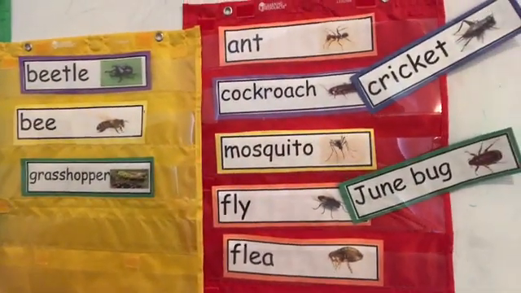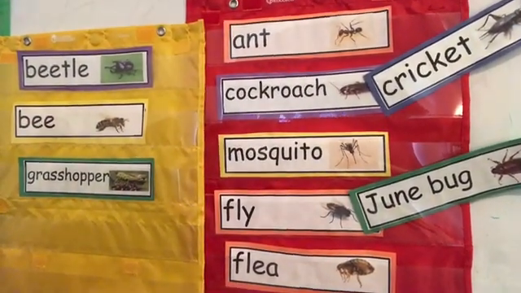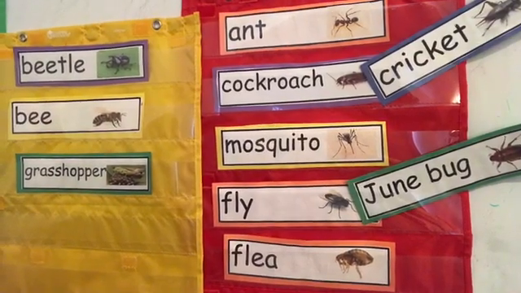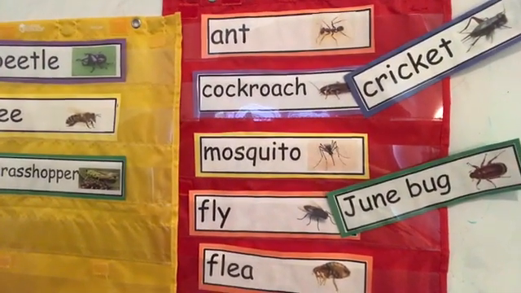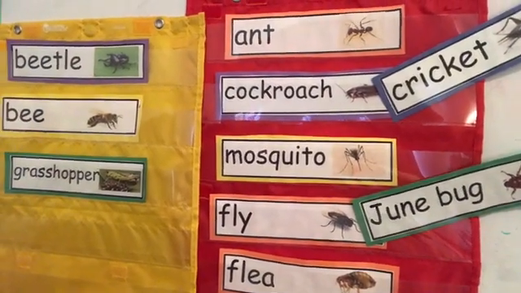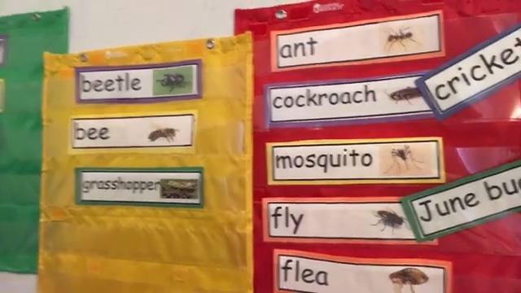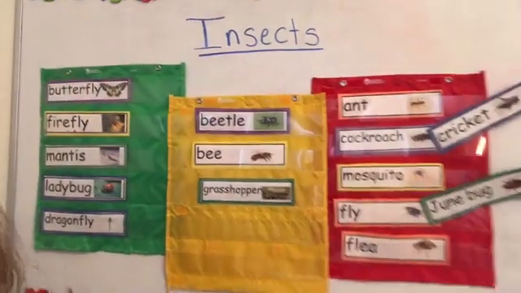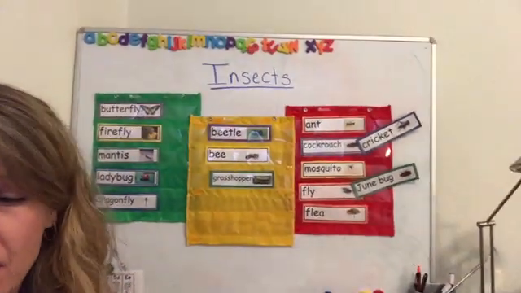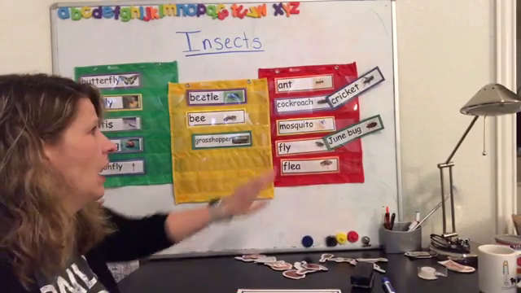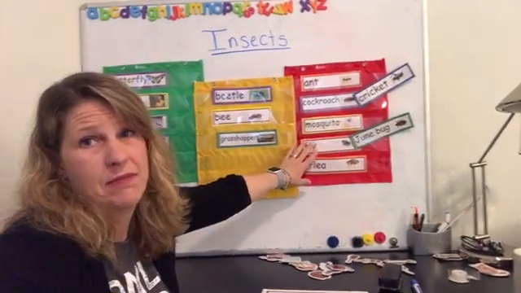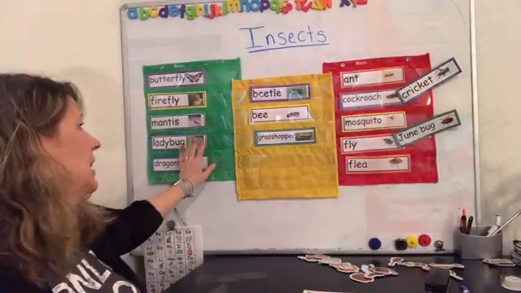Then I have ant, cockroach, mosquito, fly, flea, cricket, and June bug. Those were insects that I do not like. So I'm thinking that most of the insects I don't like. There are more insects in the I don't like column than in the I like.